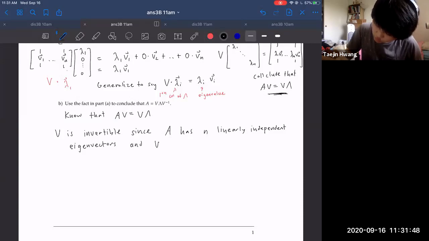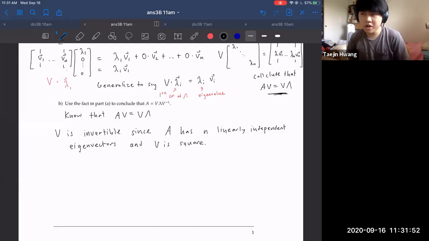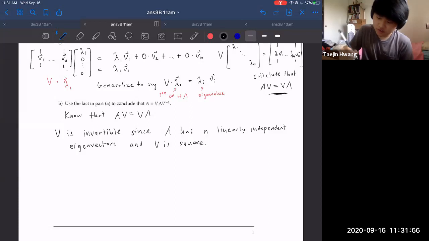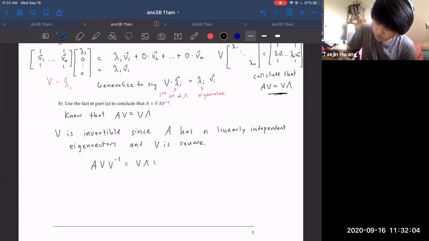And V is square. So because the matrix is square and has n linearly independent eigenvectors, it has to be invertible. In which case, we can just take AV equals V lambda and right multiply by V inverse. And then we would just get V times V inverse, which is just the identity.